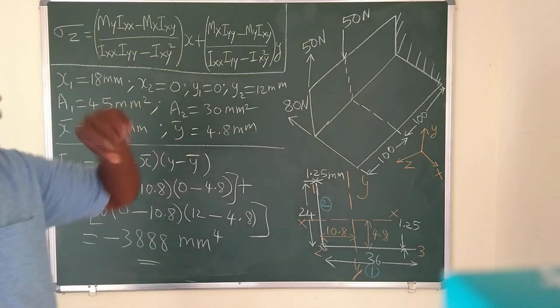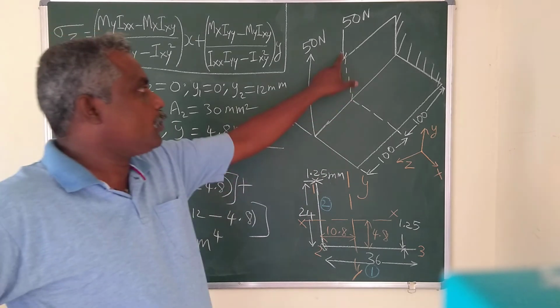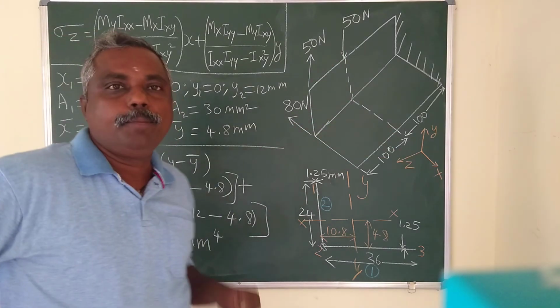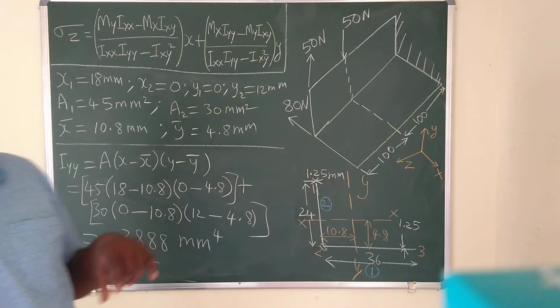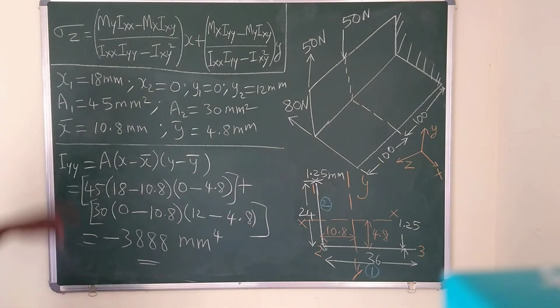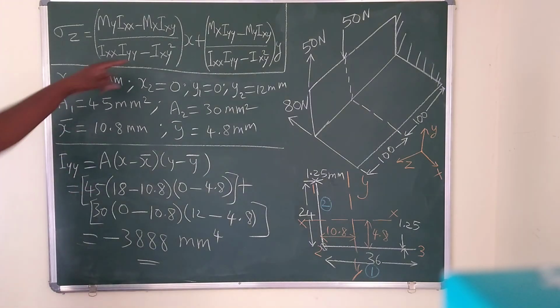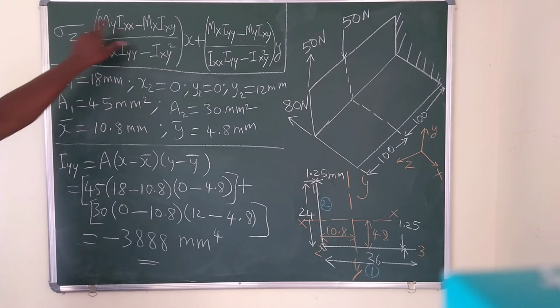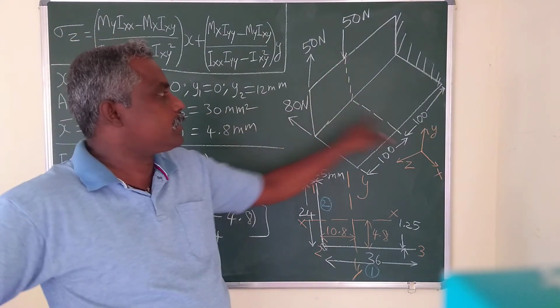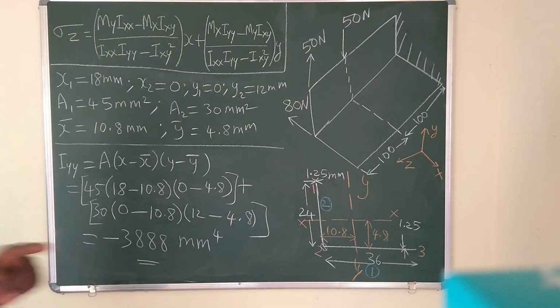Now let us calculate the direct stress due to bending at off way of the beam, that is at the mid span of the beam. So now we have to substitute Ixx, Iyy and Ixy here. Before substituting that, let us find mx and my with respect to this off span of the beam.